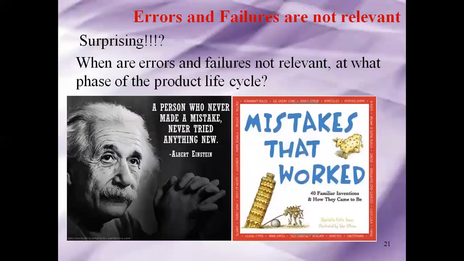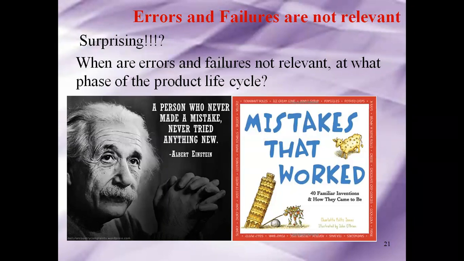So sometimes errors and failures are not relevant. The Leaning Tower of Pisa is a beautiful example. This is a beautiful book, Mistakes That Worked. Okay. And at what phase of the product life cycle are the errors and failures not relevant? Usually in the gathering phase, sometimes before it goes into the design phase, when you're going through an analysis phase and feasibility study, at that time errors and failures are not relevant.